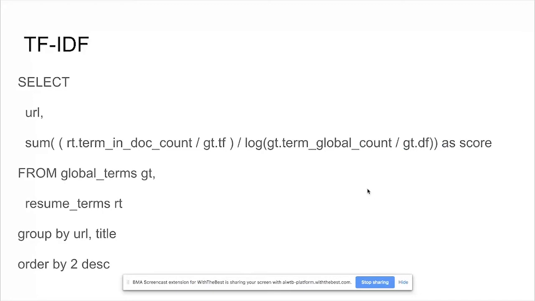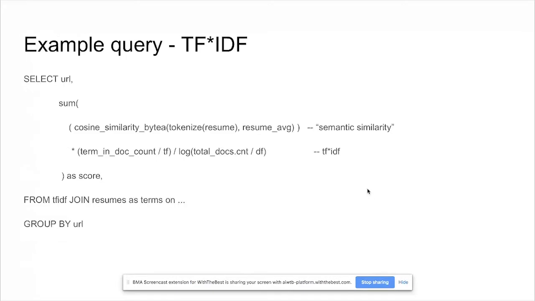And then we'll do the same thing for the resume. We'll count how many times each word occurs in each resume. And then from these two, we can take these measures and compute a value for like the sum of all the terms in a resume. And you can use this, then combine that with the job posting as well, and you'll get a TF-IDF score.